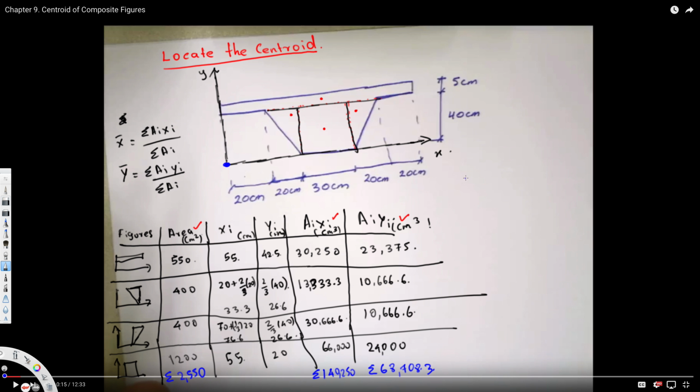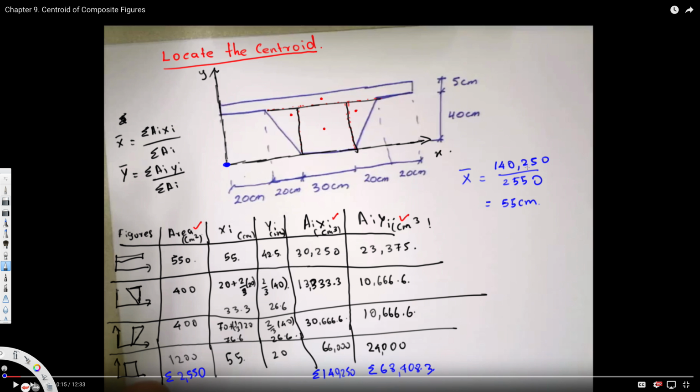So let's do this one. Now we know these values, so let's substitute. AiXi we calculated, it's 140,250. So let's put this right here. It's 140,250 divided by the summation of the area, it's 2550. If I divide them, I will get 55 centimeter.